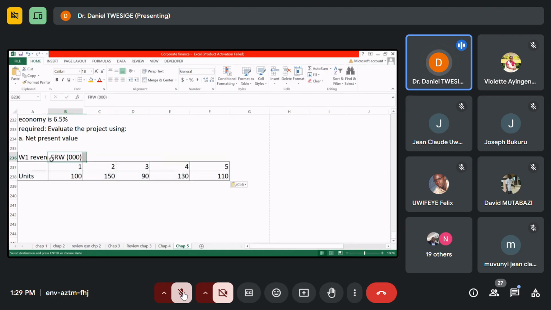So still this one, what I'm adding here is inflation. I'm adding the price. I can copy the price, which I think was 500.